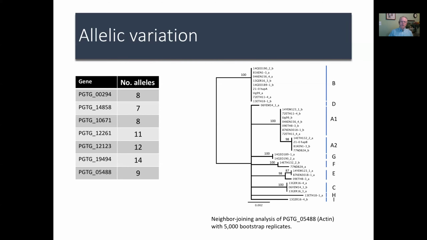This slide shows the amount of allelic variation that we saw with a selected set of isolates, and we saw a range of 7 to 14 different alleles across these 7 genes. We also saw minor variance within alleles, which is shown on the right-hand side. In this neighbor joining analysis, you can see allele A is divided into A1 and A2.